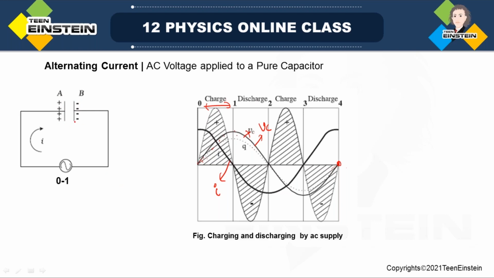There will obviously be voltage VC across this, or VAB, which can be written as VC again. So the potential drop across these charges will be increasing. In the first quarter of the cycle, the current starts from maximum, then goes to 0, while the voltage is 0 in the beginning, then when charge gets accumulated, it will be maximum here.